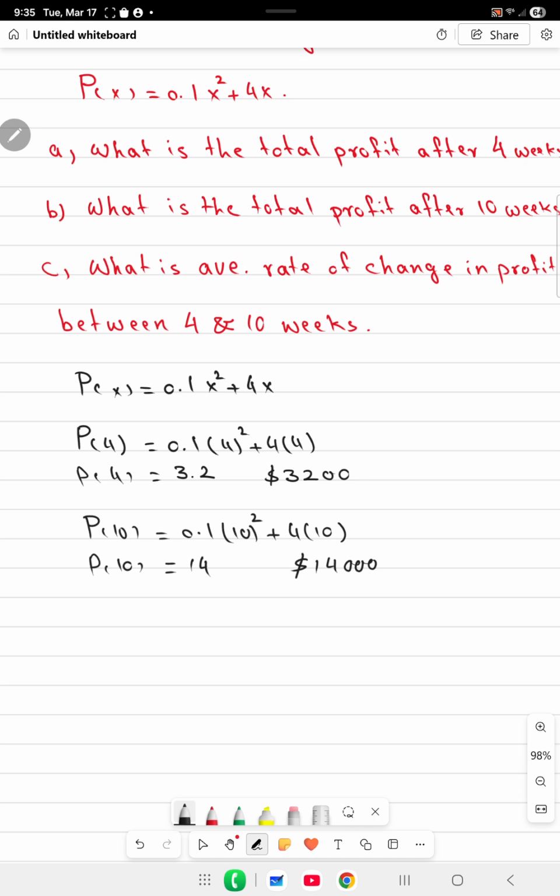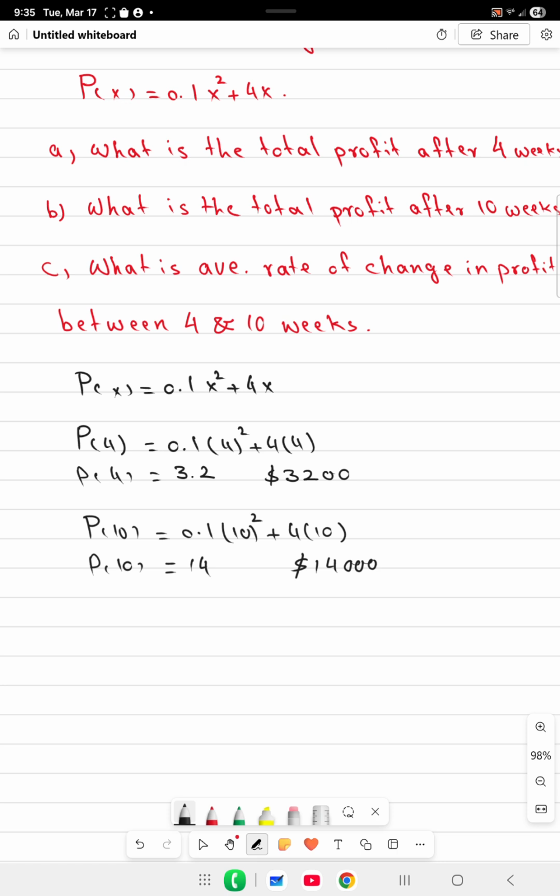Parts A and B are what we studied in 2.1, 2.2, how to evaluate a function. A function is given to you, you are evaluating it at 4 and 10.